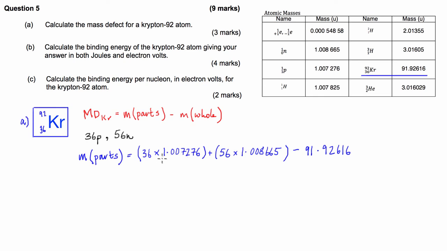And once we've put those two together and subtracted, the mass defect of this Krypton atom is going to be equal to 0.821016. Now we've got to make sure we put our units in, atomic mass units, which we can just write as u. Cool. So that's part A done.